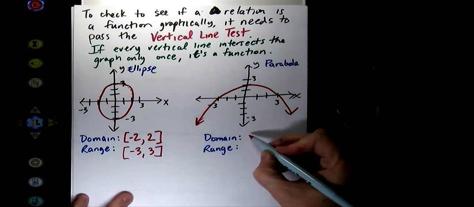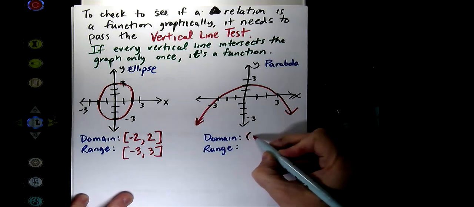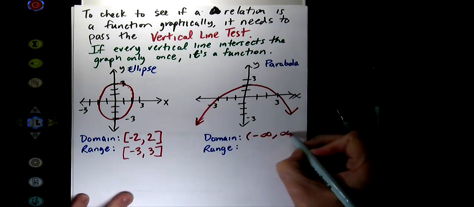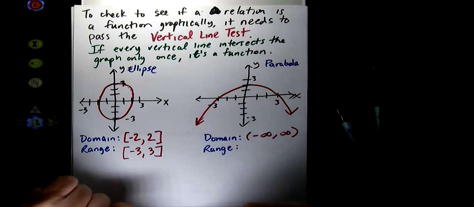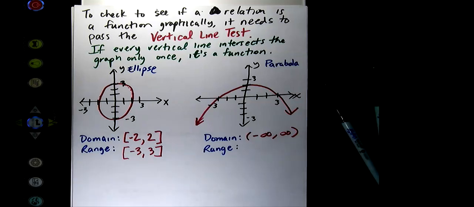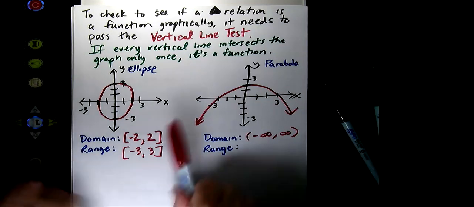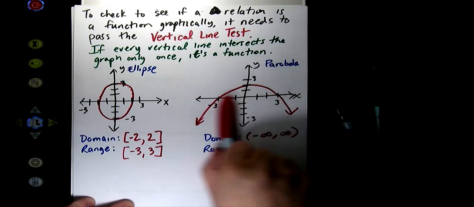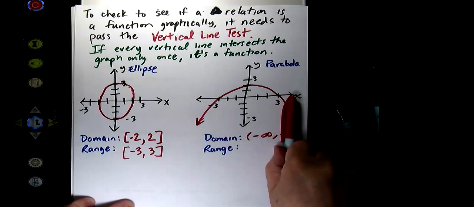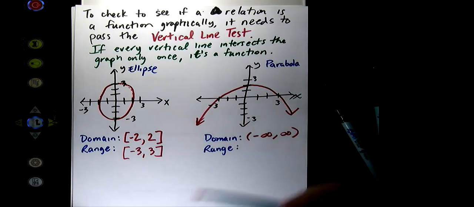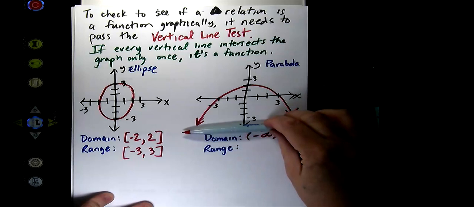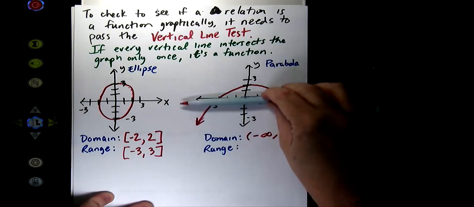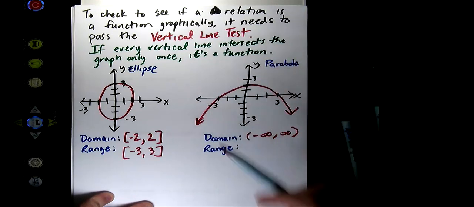The domain here is all real numbers for the parabola, because if I do the left to right test with my pen, I'm hitting the line the whole way. When I do the range, I go up, I start hitting it at -infinity, and I stop hitting it at 2.